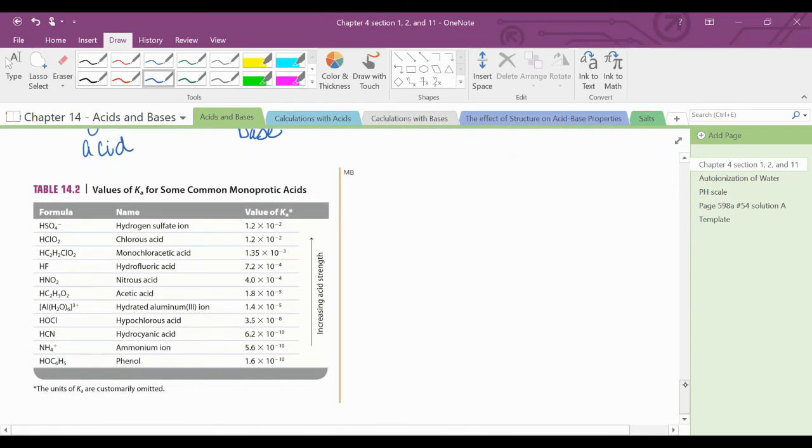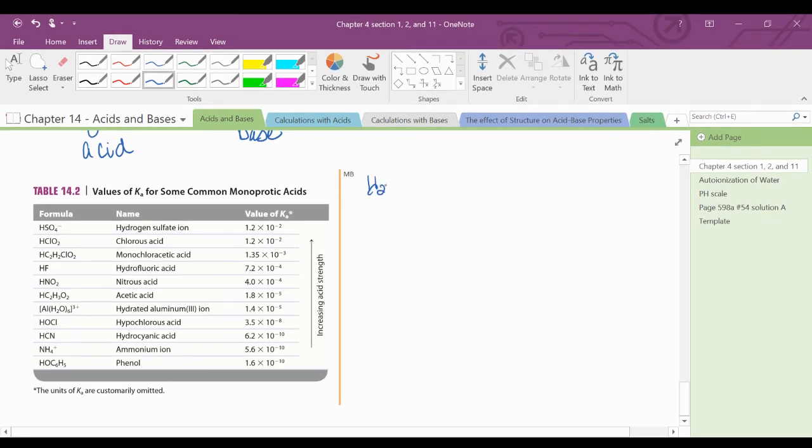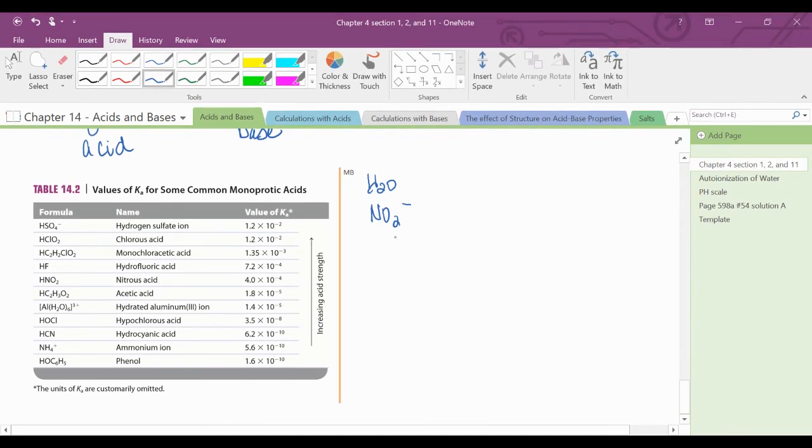Okay, and then we have a little problem we're going to look at. So I'm going to give you some substances. Okay, and what we're going to do is list these from the strongest to the weakest base.